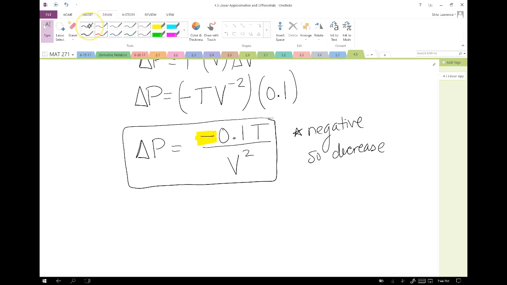And there is one more part. It says, suppose that the pressure is held constant and the volume increased by delta V equals 0.1. So this time pressure is held constant. So we have P equals T over V. Pressure is constant.